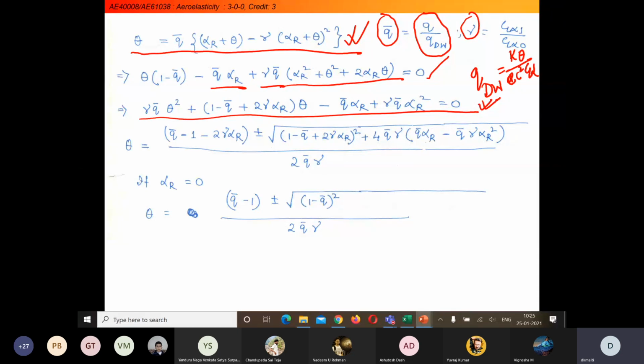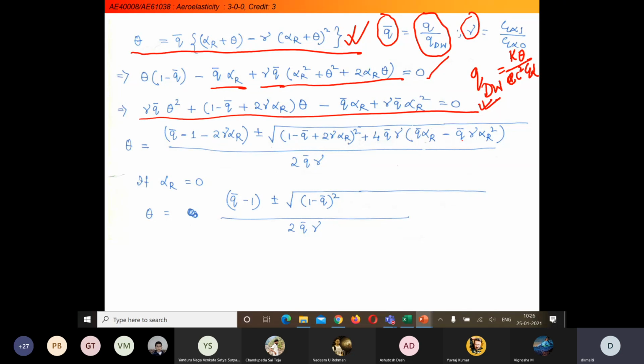It is q bar minus 1 minus 2 gamma alpha r, plus minus square root of b square, so 1 minus q bar plus 2 gamma alpha r whole square, minus 4 AC, 4 into gamma q bar, this whole thing multiplied by q bar alpha r minus q bar gamma alpha r whole square, whole thing divided by 2 q bar gamma.